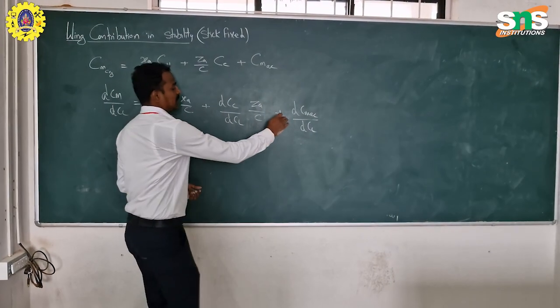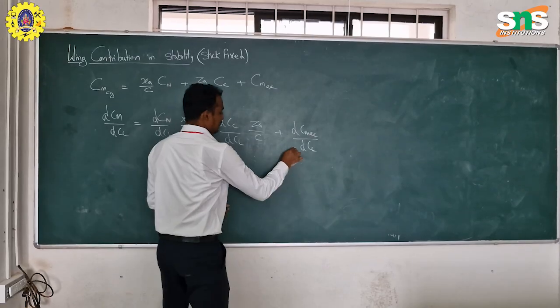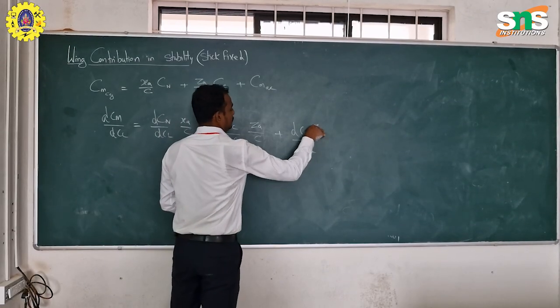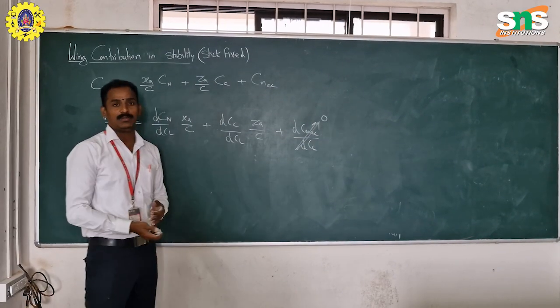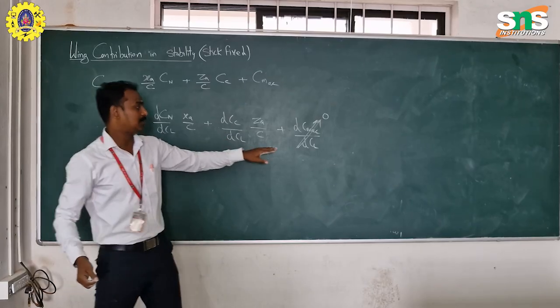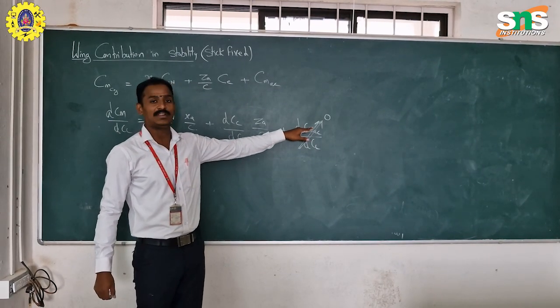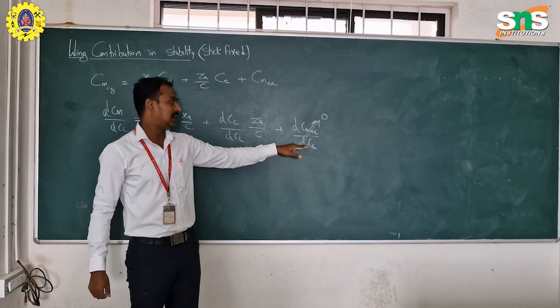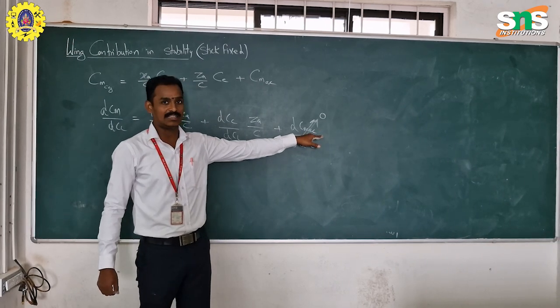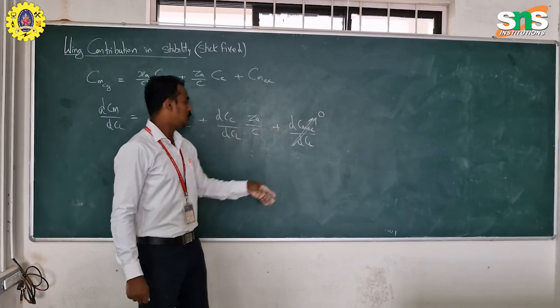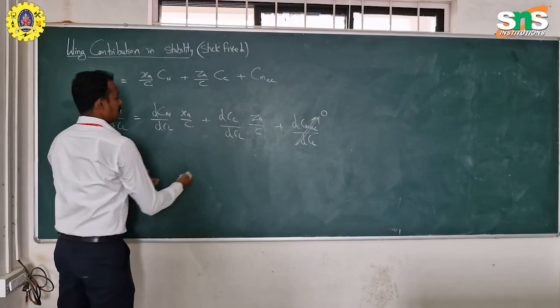From the definition, this last term is zero because it is acting as an aerodynamic center. The pitching moment is invariant with respect to the lift coefficient, so this value goes to 0. The remaining two terms we have to derive.